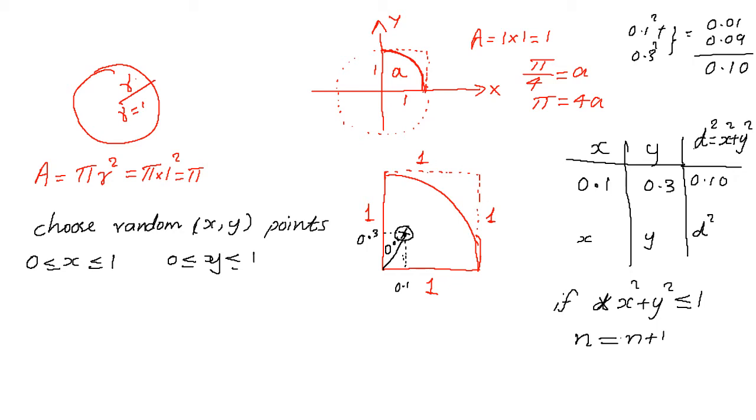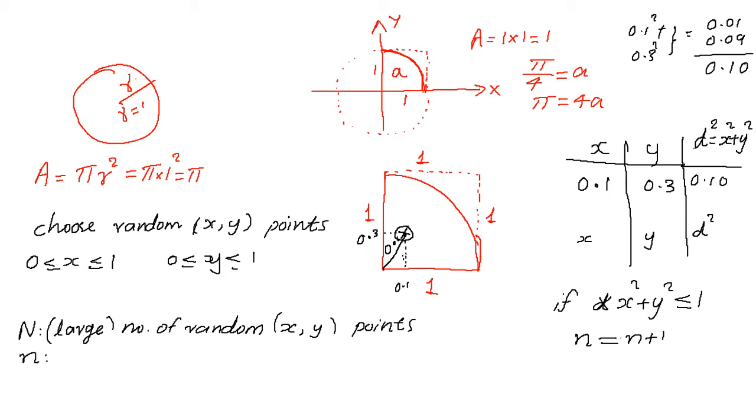So this way I consider a sufficiently large number N of random xy points. I count how many of them fall in the area of interest. That means small n is the number of points inside our area of interest.